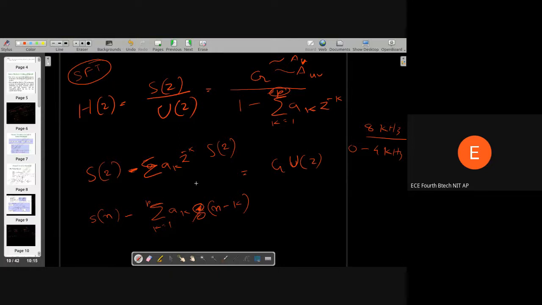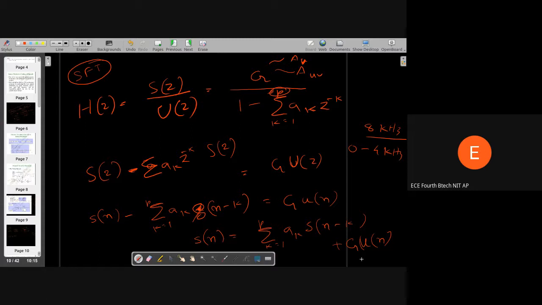S(n) minus the summation of a_k S(n minus k) equals G u(n). In other words, S(n) equals the summation of a_k S(n minus k) plus G u(n).